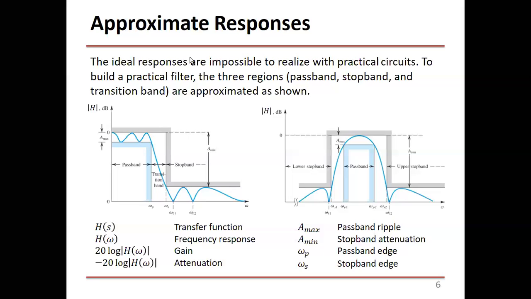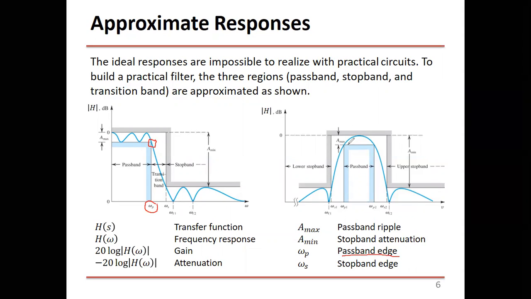Did you see the pointer, the mouse? This one here. Can everyone see it? Yes. Okay. So this edge here is the end of the passband. We call it WP. So WP is the passband edge.